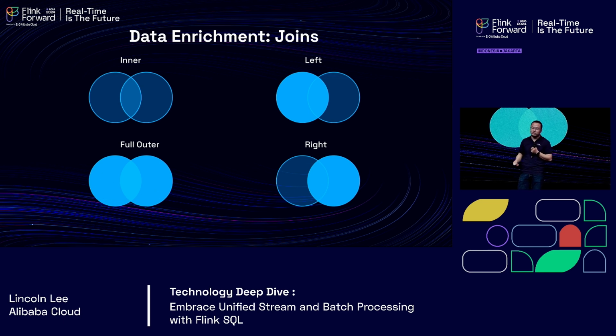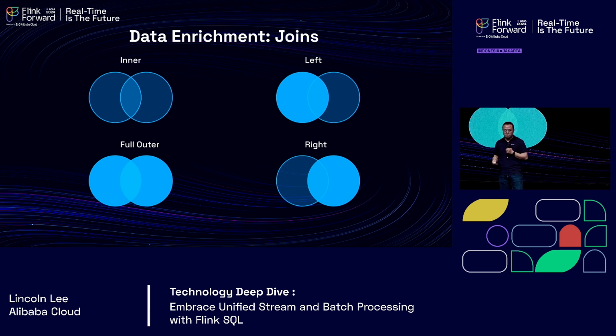For the left join, except for the intersecting part, the left side will be all reserved, and if it cannot join a right record, it will pad null columns for the right side. The full outer join reserves all the data on both sides, and the right outer join is the vice versa of the left one.